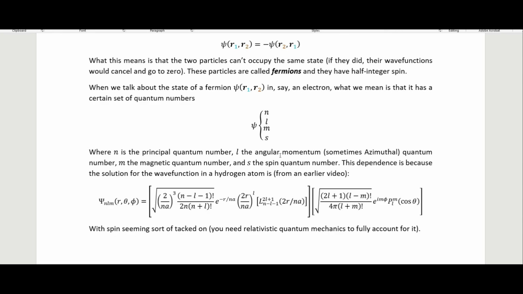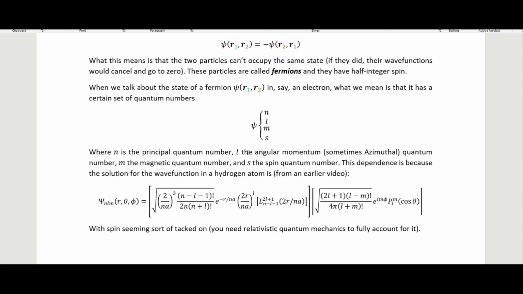Like I said, the take-home message for this one is that in an atom, no two electrons can share all of the same quantum numbers. And so if something is symmetric in space, which means that it shares the first three quantum numbers, N, L, and M, the principal, angular momentum, and magnetic quantum numbers, then it has to be antisymmetric with respect to spin.